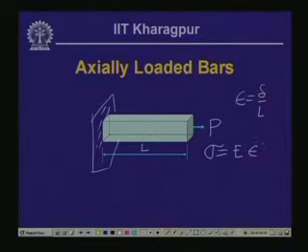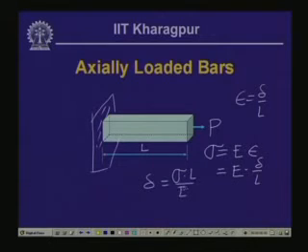So, in place of epsilon we can write E times delta by L. Hence, from this expression we can write the deformation delta is equal to sigma times L by E. And as this is a bar which is axially loaded, at any cross section the normal stress sigma is equal to P divided by the cross sectional area A. So, if we substitute the value of sigma in this, we get delta equal to P L by A E.